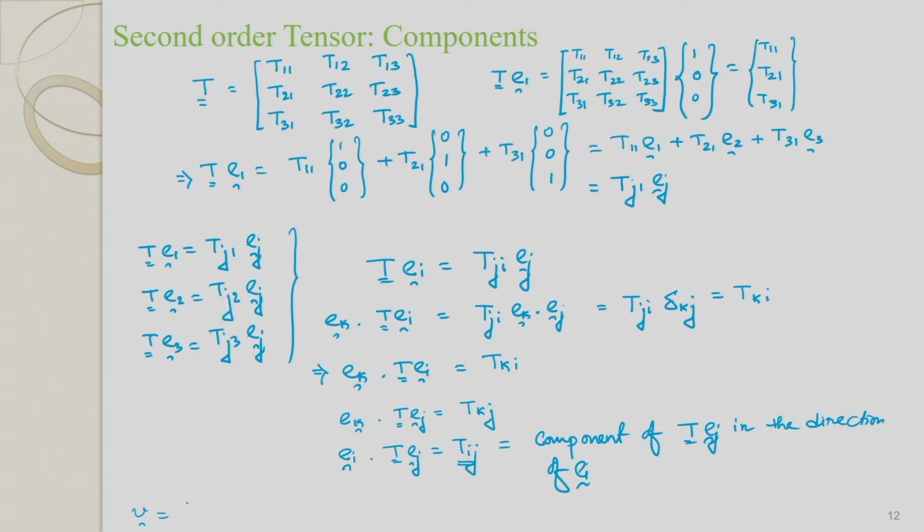We can write this relation V equal to Tu in indicial notation as Vi equal to Tij Uj, where i is the free index and j is the dummy index.